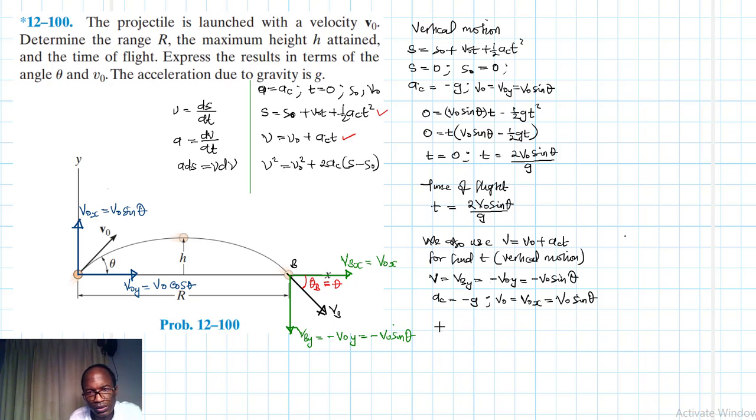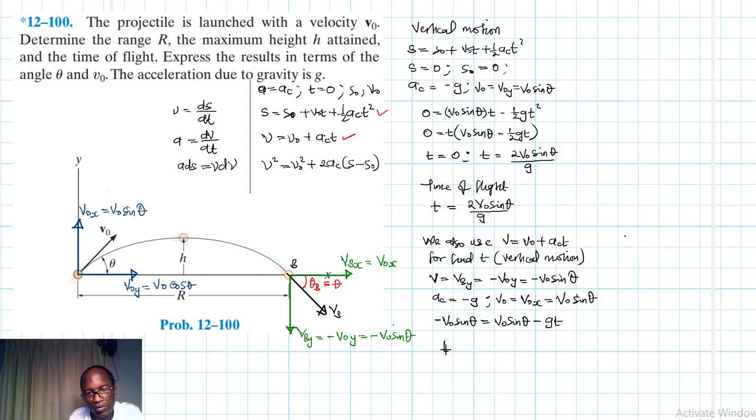Therefore, writing this, we are going to have minus v naught sine theta equal to v naught sine theta minus g t.